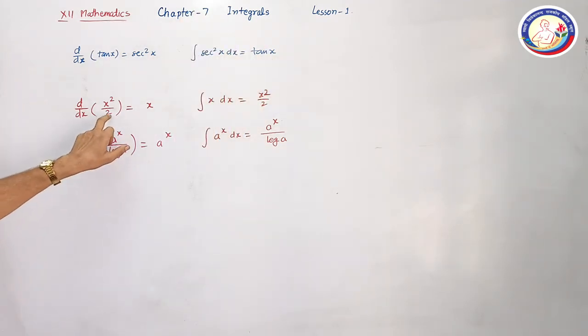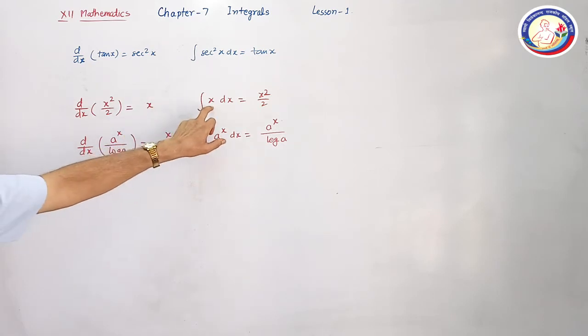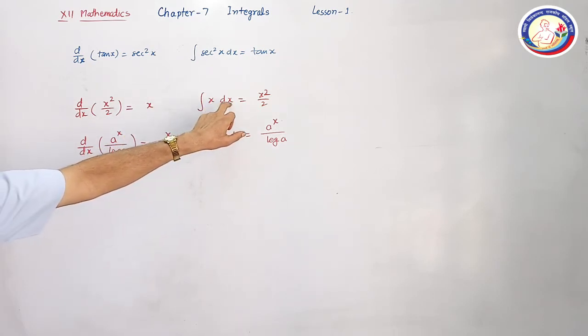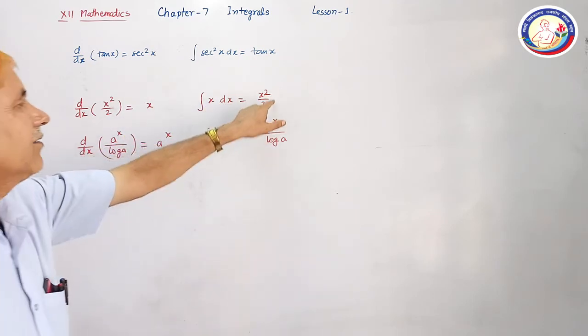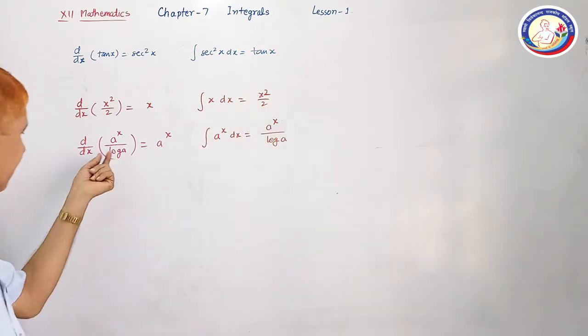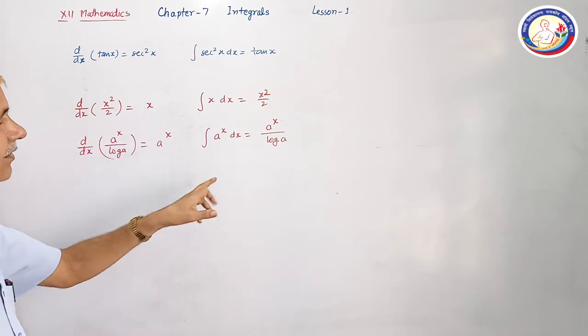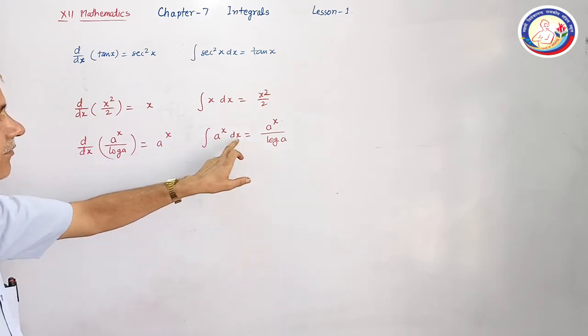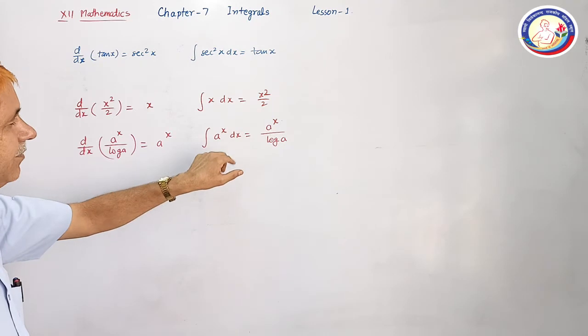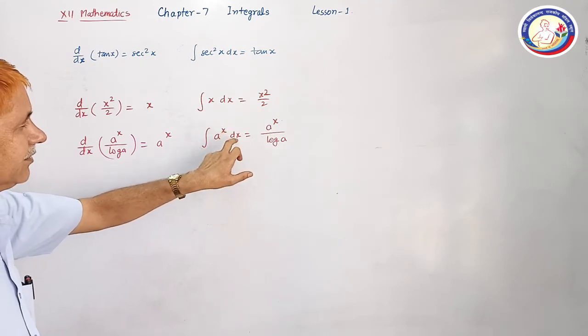Similarly, derivative of this function is x, then integration of this function x with respect to x is x square by 2. Again, derivative of this function is a to the power x, then as antiderivative the integral of a to the power x dx is this.